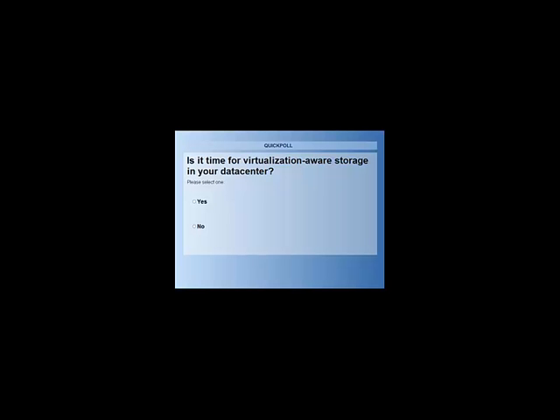We see another question here, and it's more from the performance and monitoring area. The question is, how does performance and monitoring get affected if the data is provided at a virtual machine level or a LUN or a share level? Basically, it's exactly the same thing.